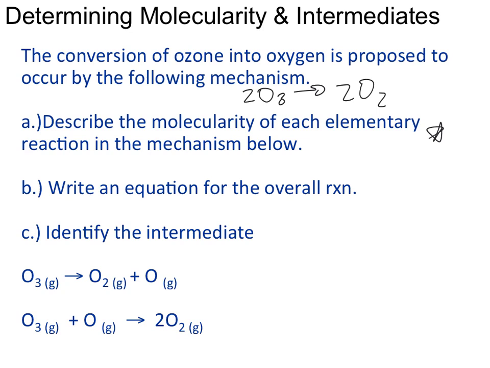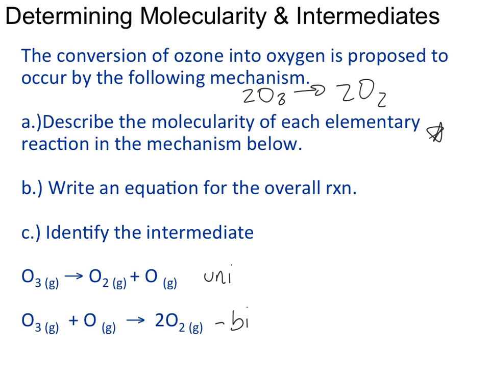In this case, we have a single ozone molecule reacting to give us product, so this is a unimolecular process. The second step consists of two molecules interacting, so this is a bimolecular process. So we've described the molecularity of each of the elementary steps.